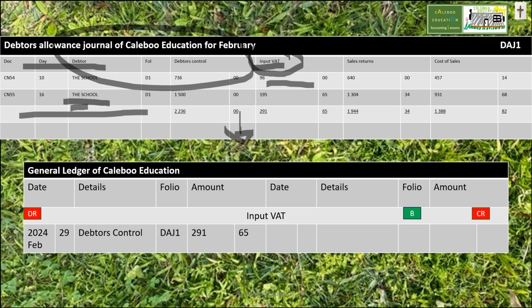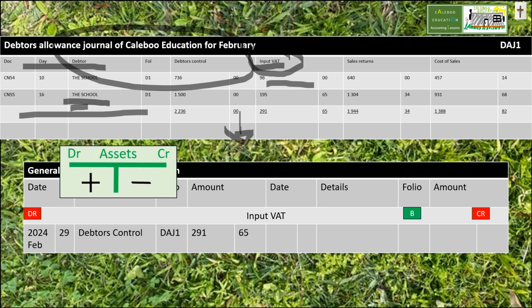So we go and debit input VAT. And input VAT is an asset. The value of input VAT has increased. The contra account is debtors control. Where did we get the information? The debtors allowance journal.